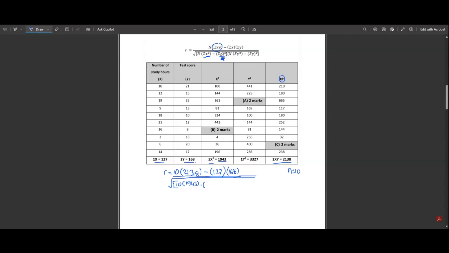And so remember the brackets. You do what's inside the brackets first. So we need to take the sum of x, which was 127, and square that. Someone do that for me, please.